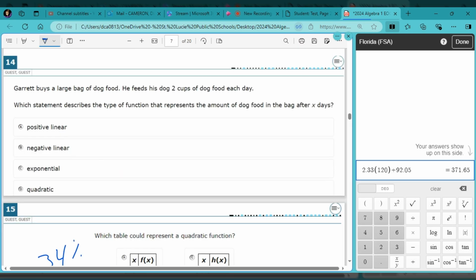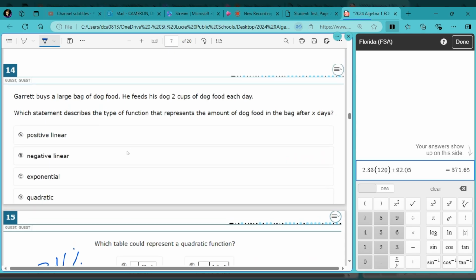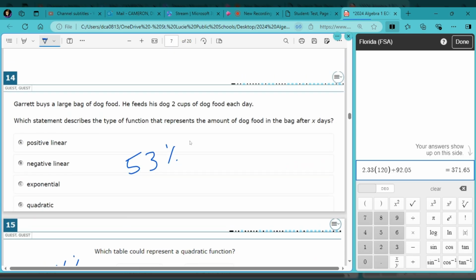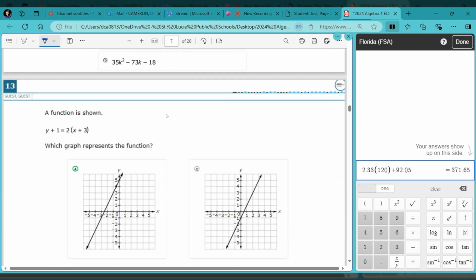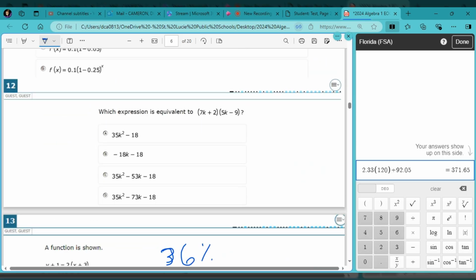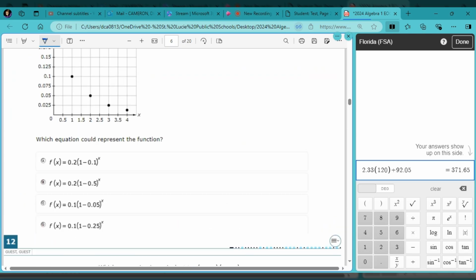And number 14 was 53%. 13 was 36%. 12 was 52%. 11 was 43%.